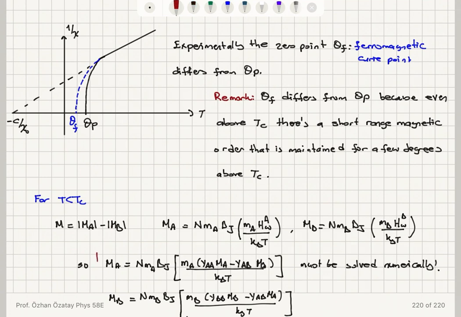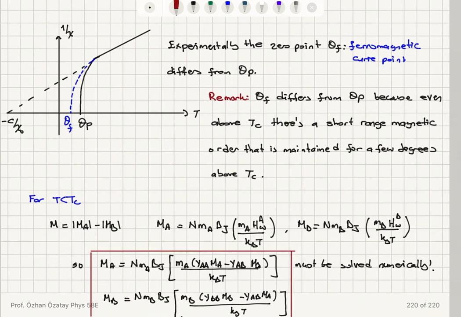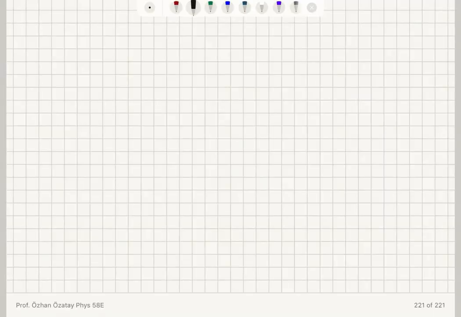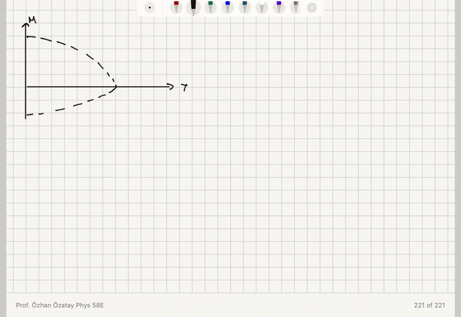Okay, so these two equations should be solved numerically, and when we solve these equations, we find the magnetization as a function of temperature. For the A sublattice, we have a certain magnetization versus temperature. For the B sublattice, we have a certain magnetization versus temperature. So a typical one will consist of the contribution from the two.